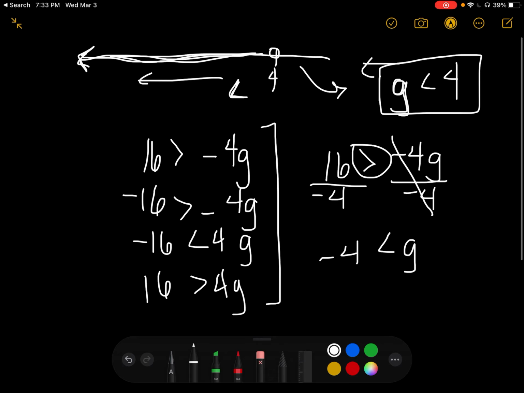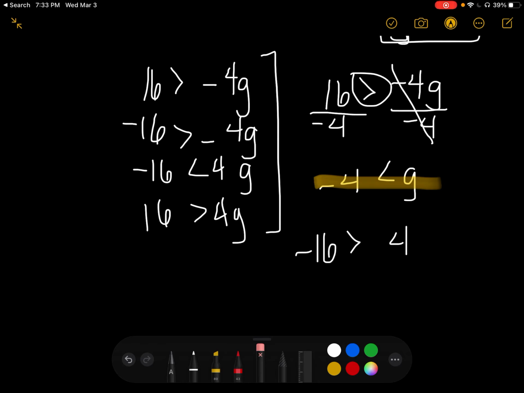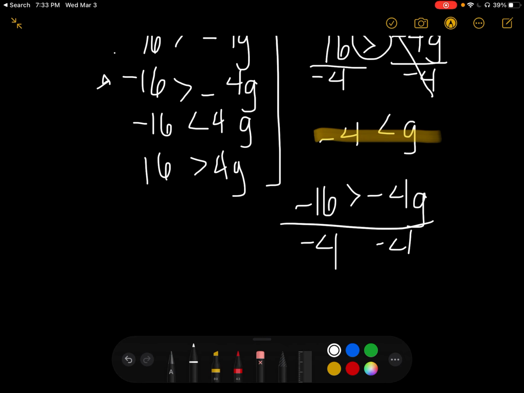So that's one of the options. Then I'm going to go to the next one. I'm just going to highlight that one so we don't lose it. So negative 16 is greater than negative 4g. Again, negative 4, negative 4. These aren't really all that different from the first one, except that this one's negative and that one's positive. So this answer is going to now be 4 less than g.